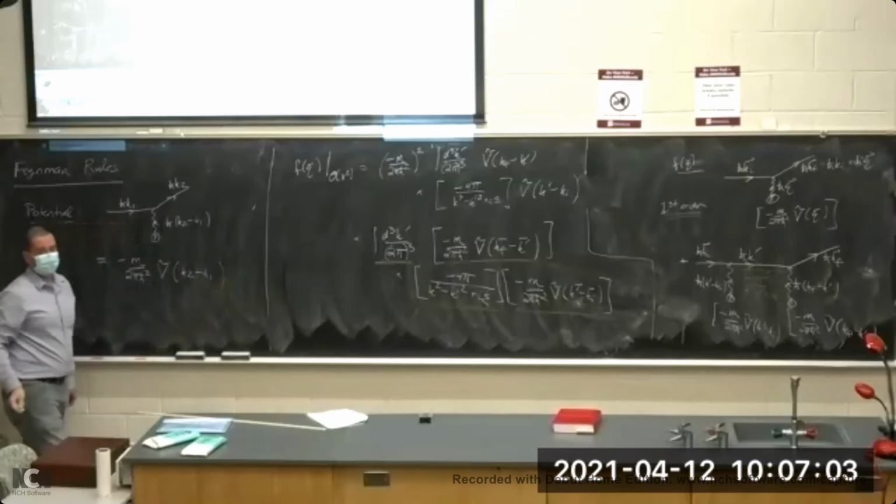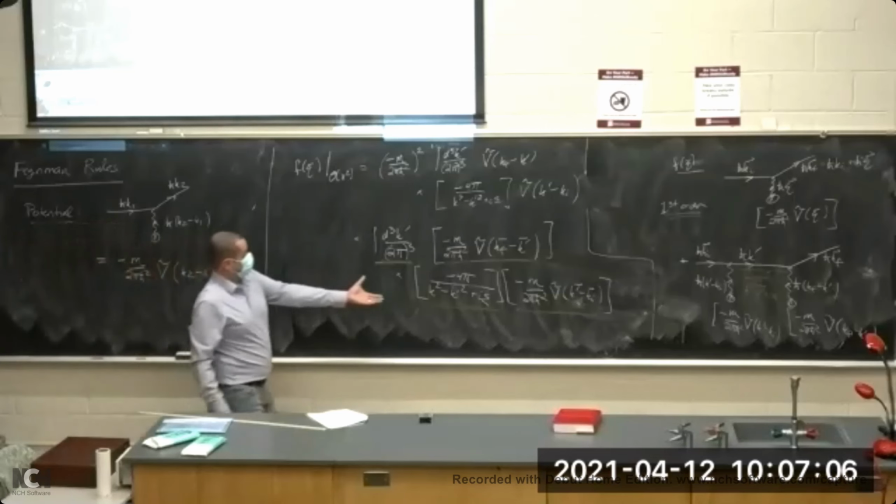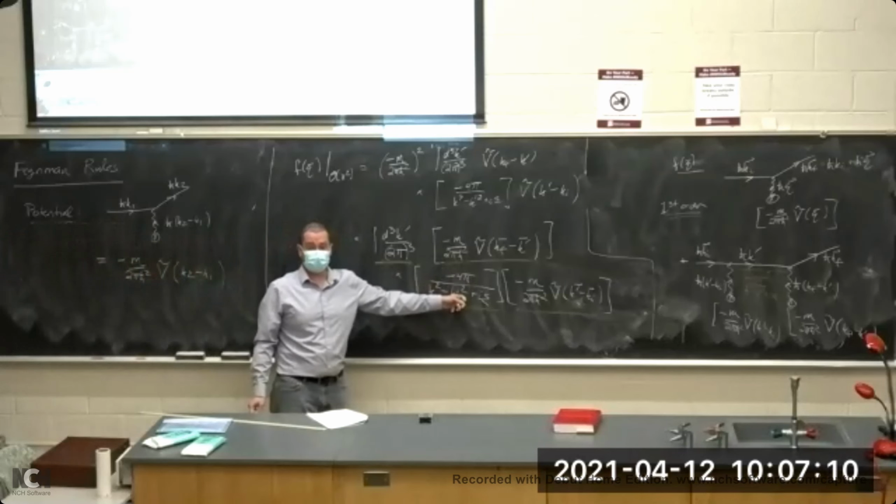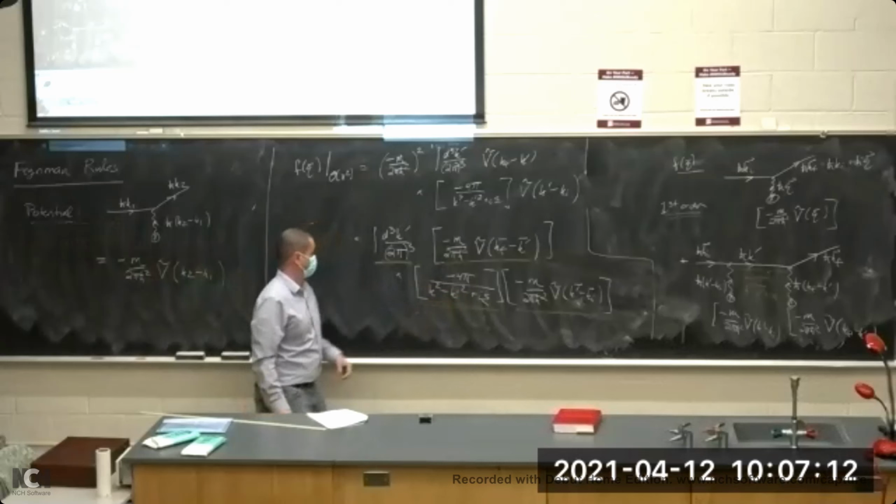Likewise, every time I have a propagator, something that takes me from one vertex to another vertex, I will always have the Fourier transform Green's function.